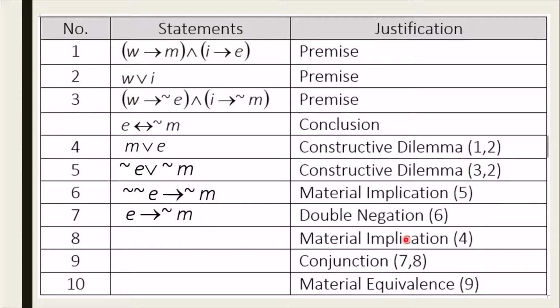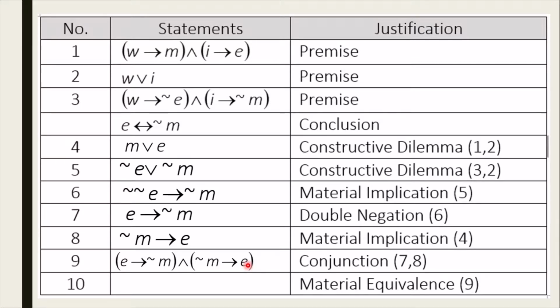Now again, for number 4, we can also change this form into this form using an implication, so it will become not M implies E. Now, using the conjunction, we can conjoin premises 7 and 8, so it will become E implies not M and not M implies E.